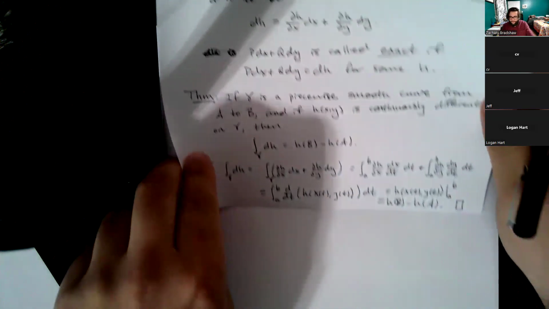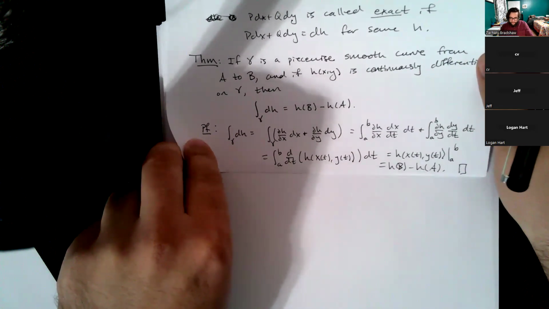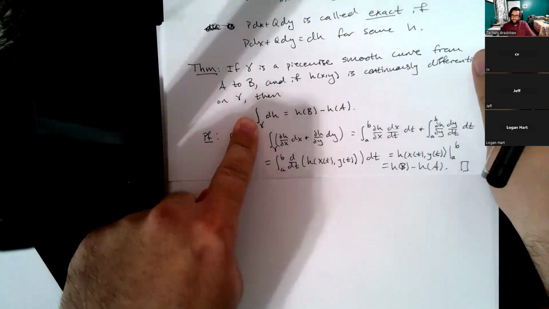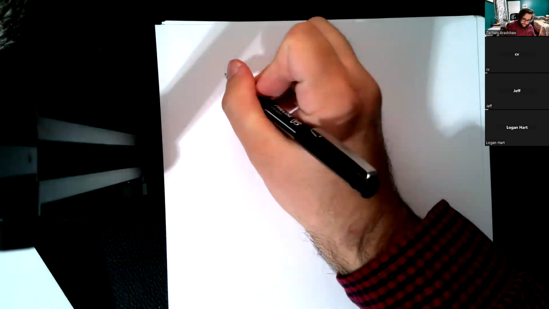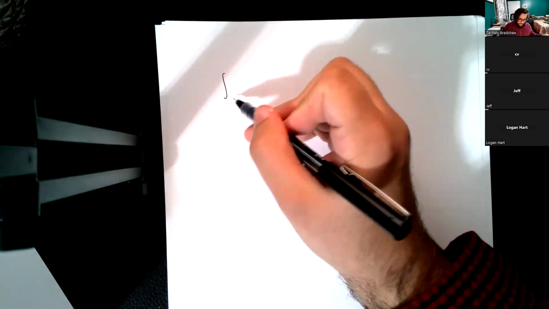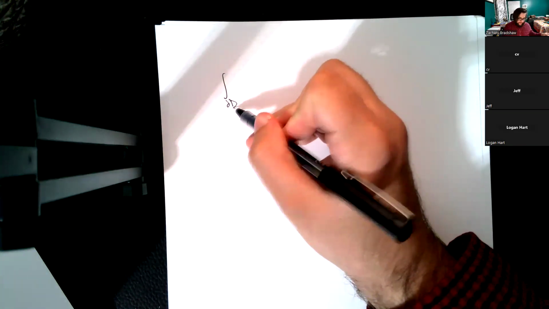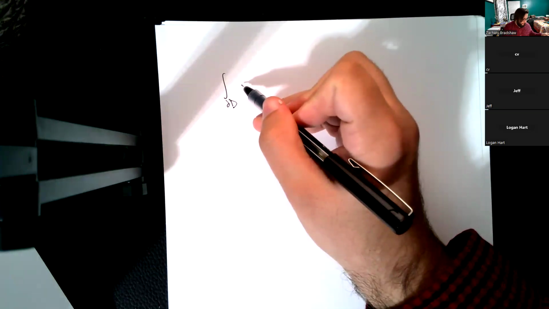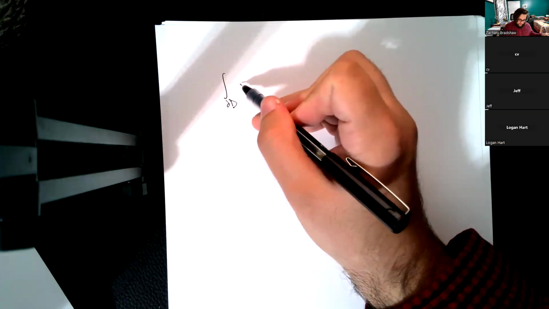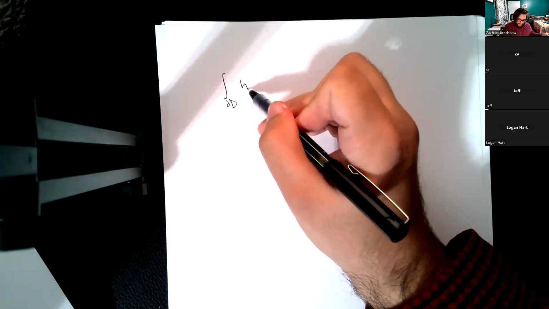Okay, so now maybe it's worth mentioning the generalized Stokes theorem. We can almost see it. Here are my notes. We can almost see it from this identity here. What we should have in general is that the integral along the boundary of some domain, let's see, some function h.